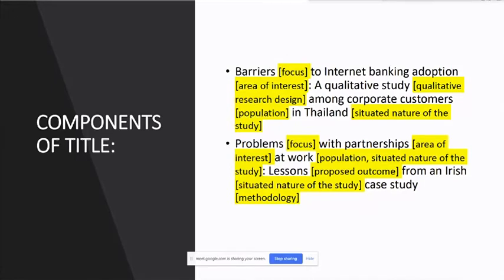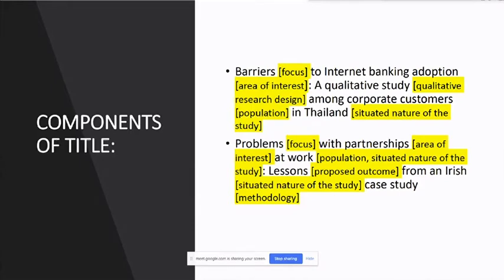If I am the editor, I know right away that this is a qualitative study. I'm going to send it to a reviewer who is good in qualitative study. Among corporate customers, this is where your population or sampling is. In Thailand, this is the situated nature of the study, where the study is going to be. That's very clear.